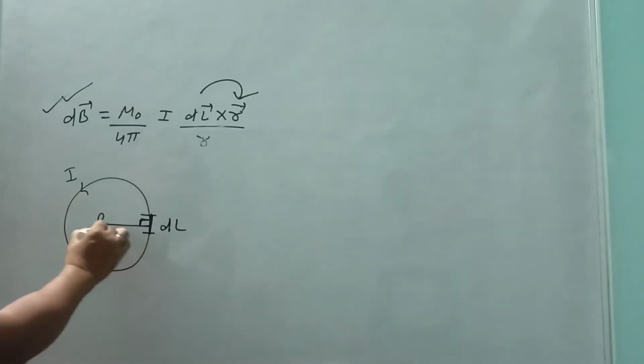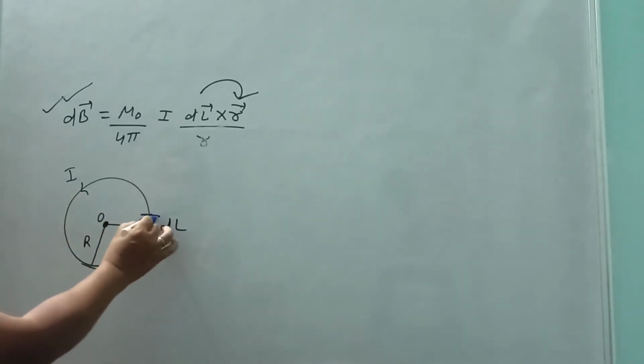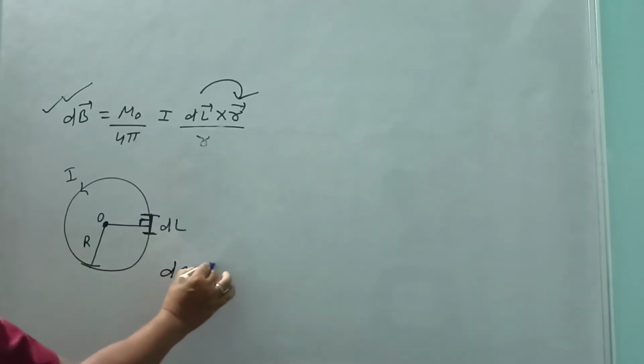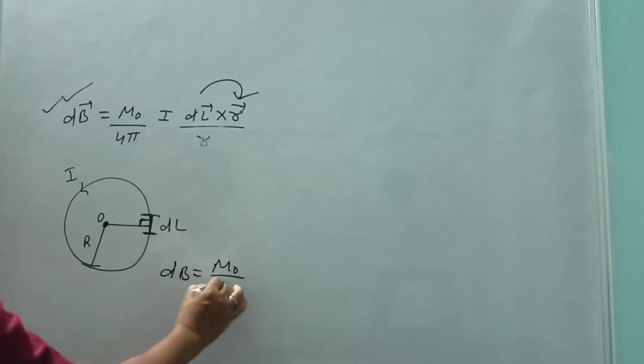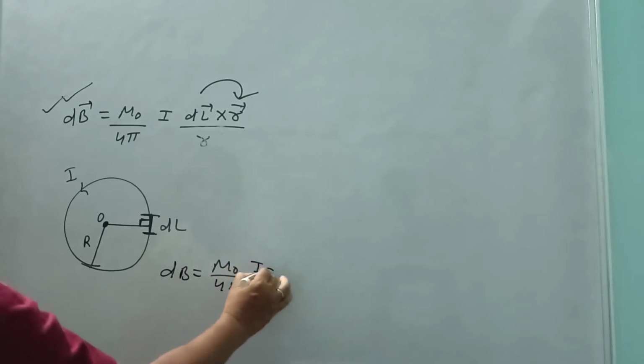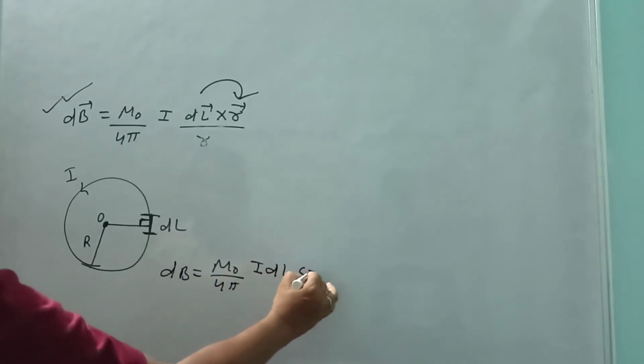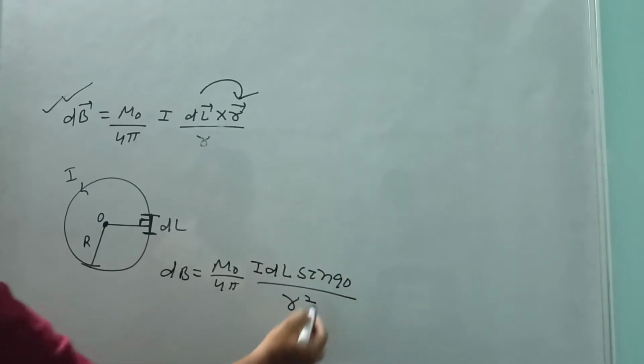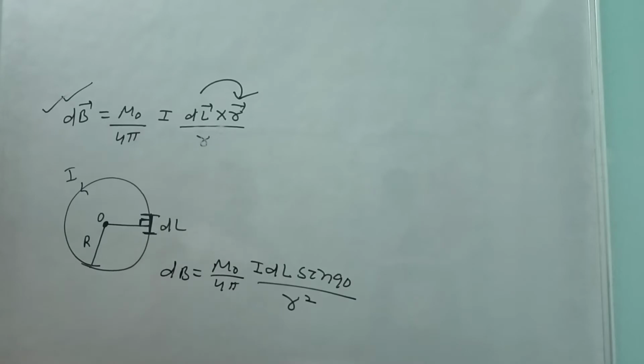So how much magnetic field is obtained at this point due to this small element? This is nothing but dB is equal to constant mu naught by 4 pi, I dl sin 90 degree divided by r square. This is the expression for Biot-Savart law.